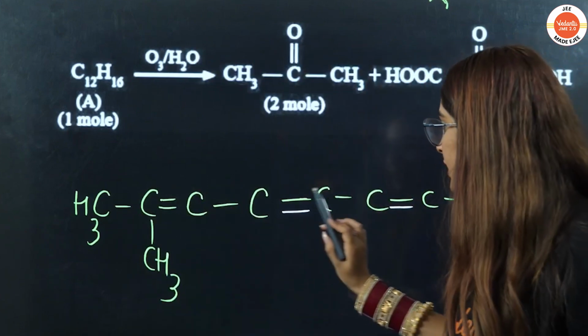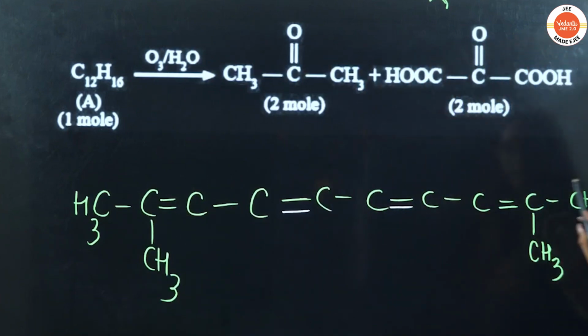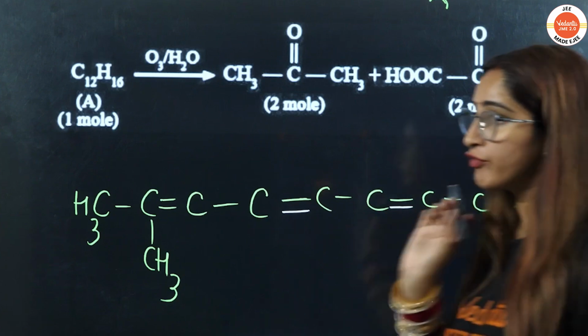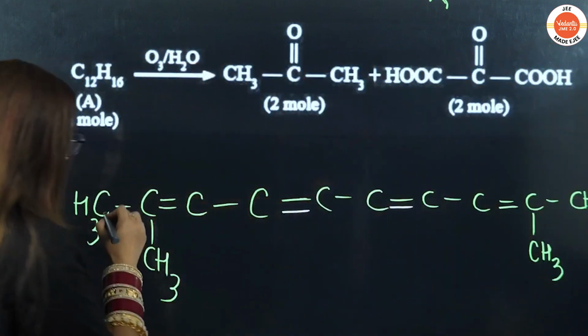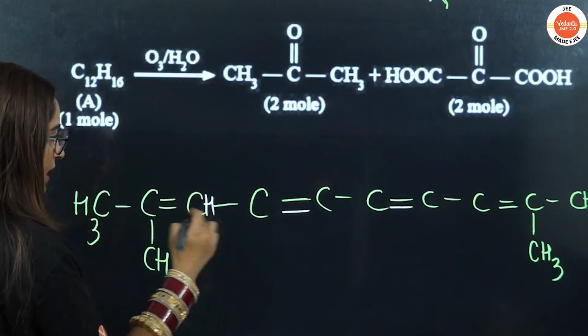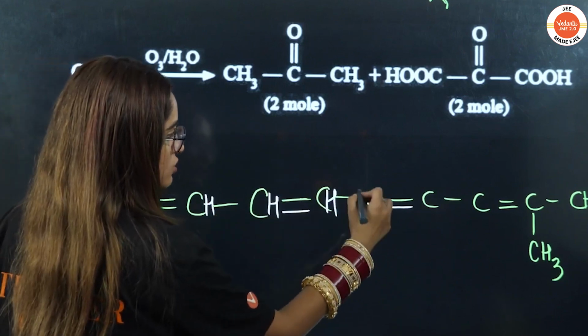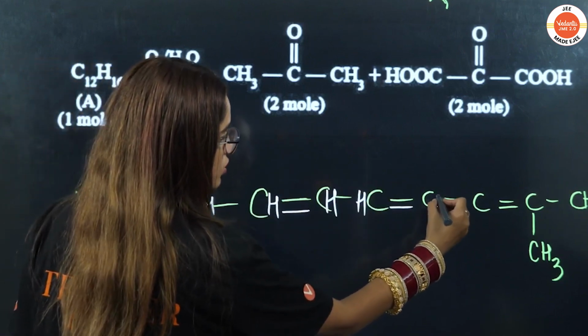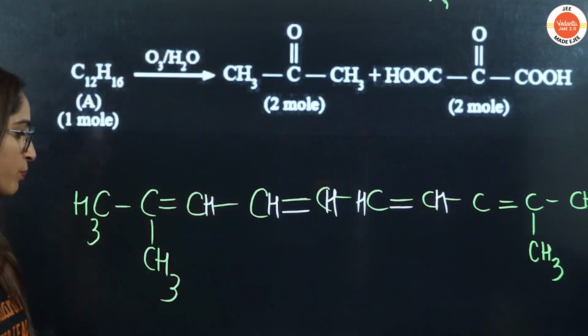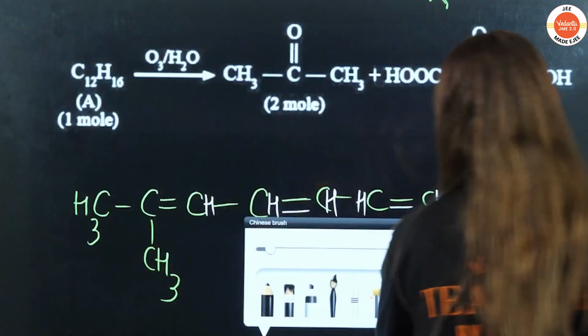1, 2, 3, 4, 5, 6, 7, 8, 9, 10, 11, 12. Yes. Now, if you break this, you will get the answer. This is CH, 1, 2, 3, CH, this is CH, this is also CH. How?